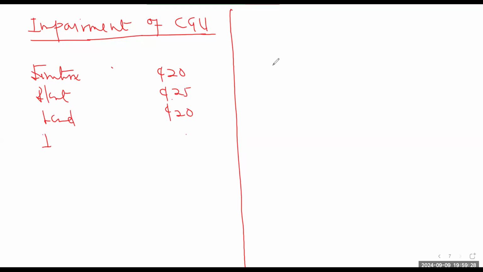Now let's say we have inventories of 10 million. Let's say we don't have any payables or liabilities, so we total this, and we have 75 as a total.